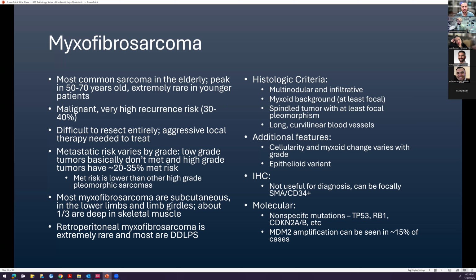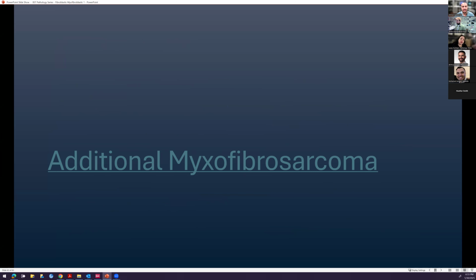And MDM2 FISH by itself is not always 100% specific in a high-grade sarcoma environment. That said, most of the time, these MDM2 amplifications are going to be relatively low copy number, so less than 10 copies of MDM2 per cell. The more than that, the more likely to be de-diff lipo, but you can see them, right?